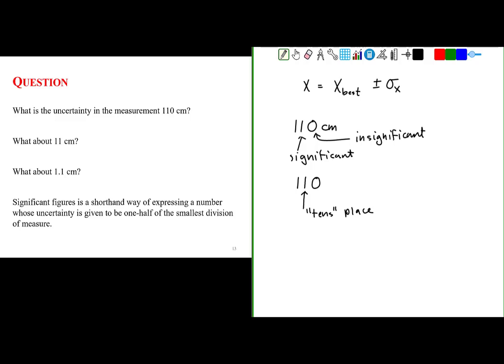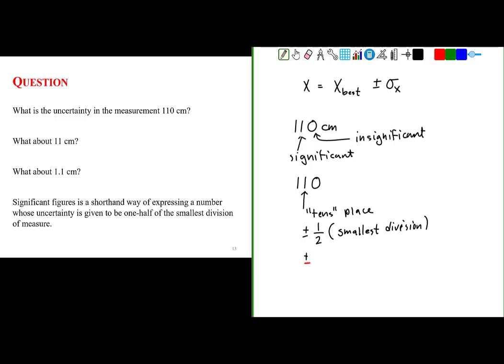The uncertainty in this measure is considered to be, by convention, when no uncertainty is explicitly listed, plus or minus 1/2 times the smallest division of measure. Here, the smallest division of measure, we are going to consider the tens place.